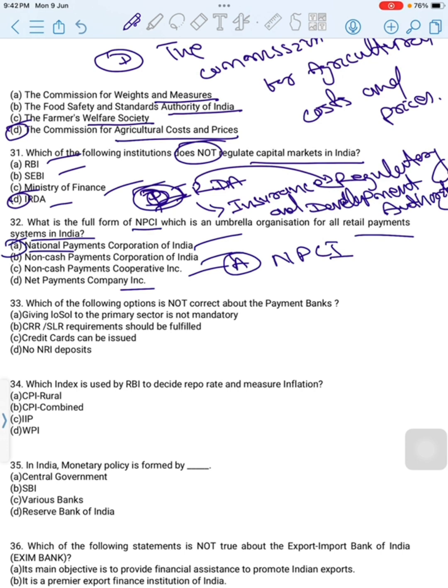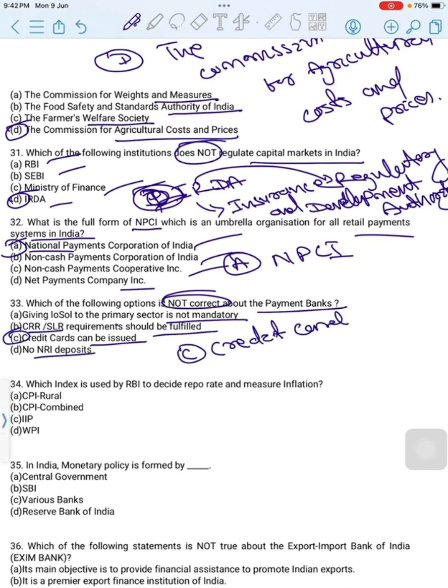Which of the following options is not correct about payment banks? First option is giving loans to the primary sector is not mandatory. Second option is CRR or SLR requirements should be fulfilled. Third option is credit cards can be issued. Last option is no NRI deposits. Then the correct option is option C, credit cards can be issued.